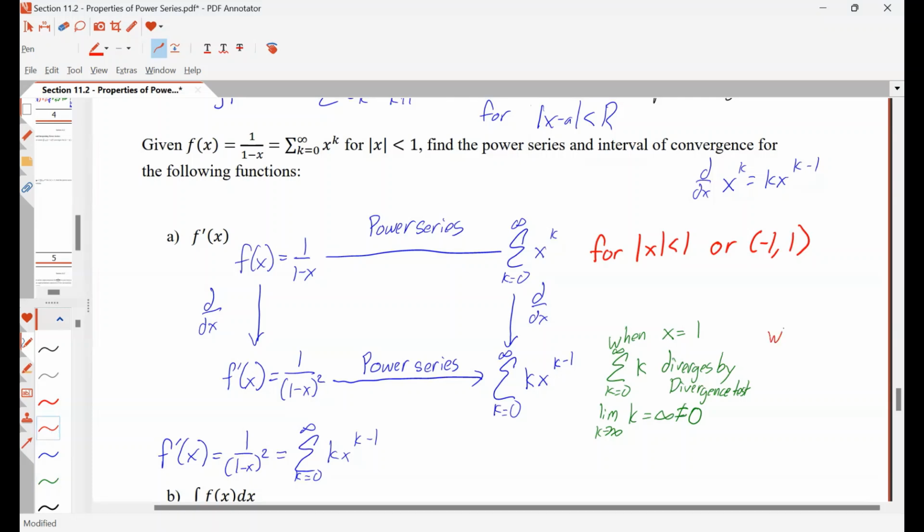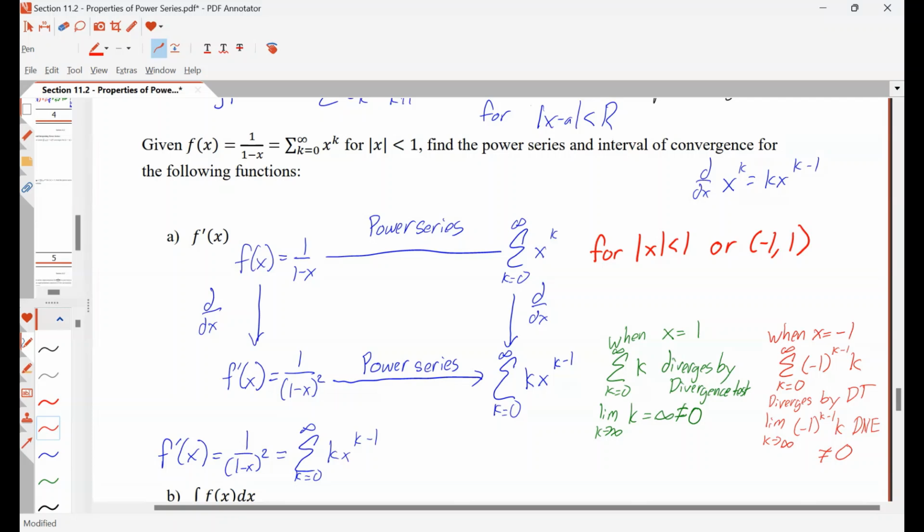When x equals negative 1, we have the series k equals 0 to infinity of negative 1 to the k minus 1 times k, which also diverges by the divergence test, because the limit as k goes to infinity of negative 1 to the k minus 1 times k does not exist, which is not equal to 0.